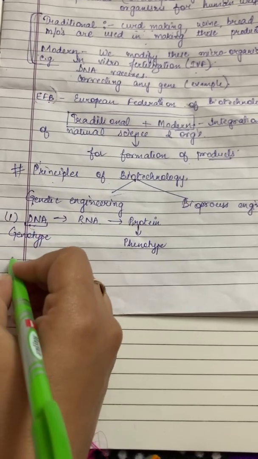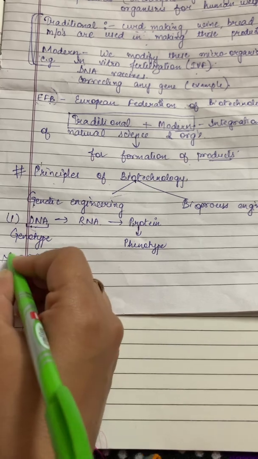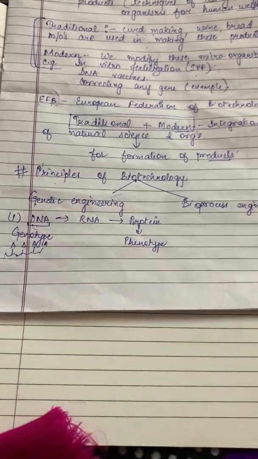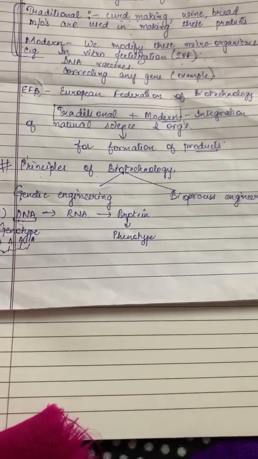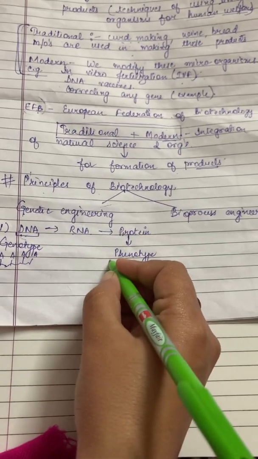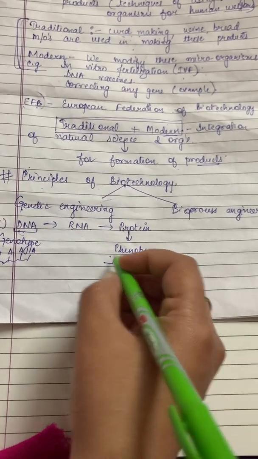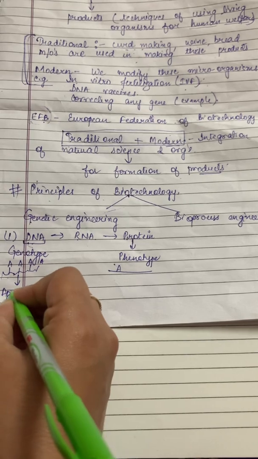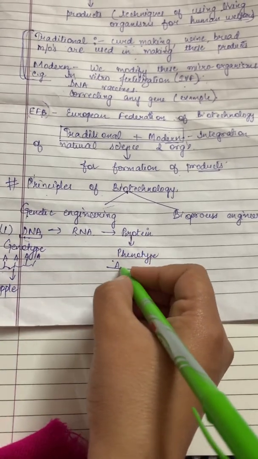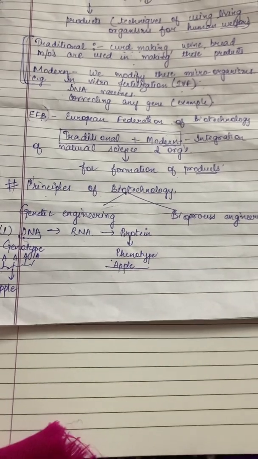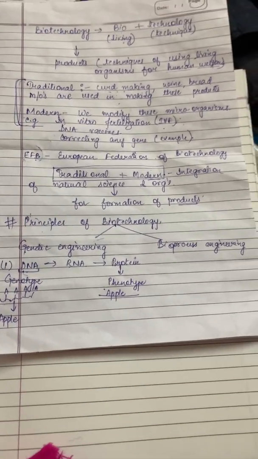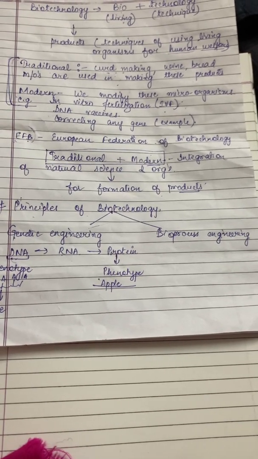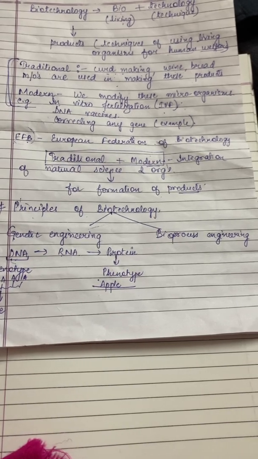For example, this is the genotype, and these are the characters A. The phenotype will be like this, it will constitute A. For example, suppose the product is an apple. Of course it does not actually work like this; the genes do not contain A, they contain 4 bases: A, T, G and C, that is adenine, thymine, guanine and cytosine.